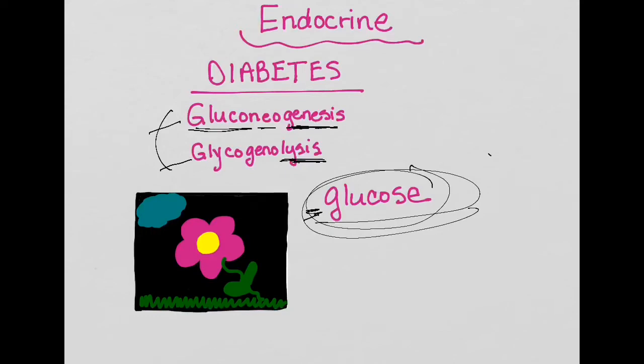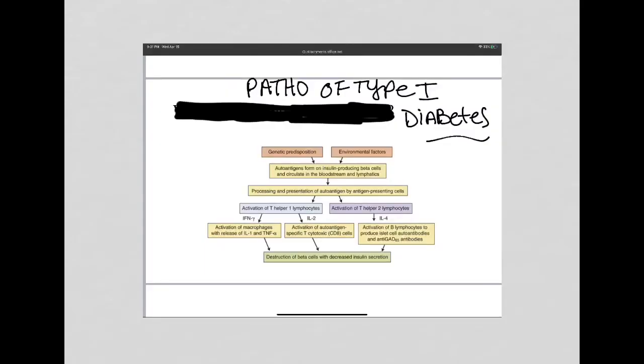And we're going to talk about diabetes now, the difference between type 1 and type 2. All right, so this is the slide for the pathophysiology of type 1 diabetes, just an overview. In a nutshell, type 1 diabetes is complete destruction of the beta cells.